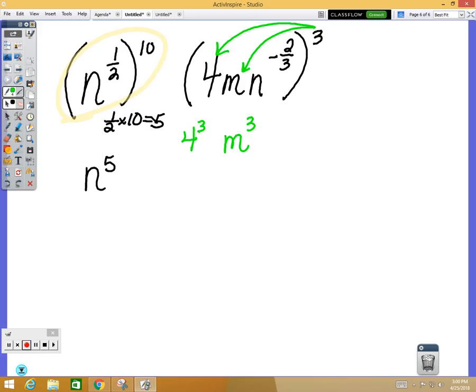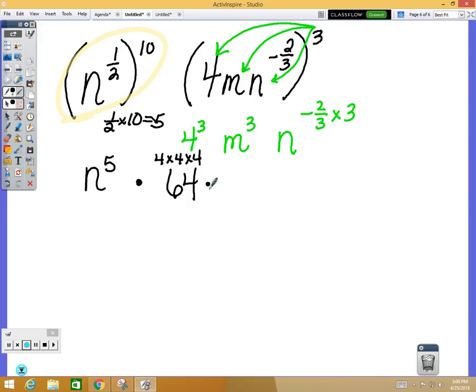Okay, so 4 to the 3rd power, m to the 3rd power, and then I need to do n, and that's going to be -2/3 times 3. So I'm going to focus on each one of these separately. 4 to the 3rd power means 4 times 4 times 4. That's 16 times 4, which is 64.